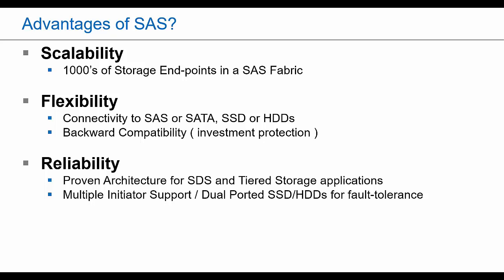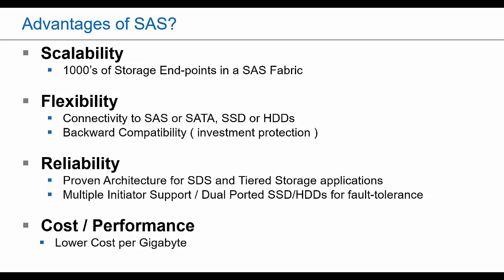There's a full ecosystem of software support. And of course, cost per gigabyte. Compared to NVMe, it's very compelling. So as we dig into these new features, you'll see that everything they're doing in SAS 4 is really very consistent with these core strengths that we enjoy today and have always enjoyed with SAS.